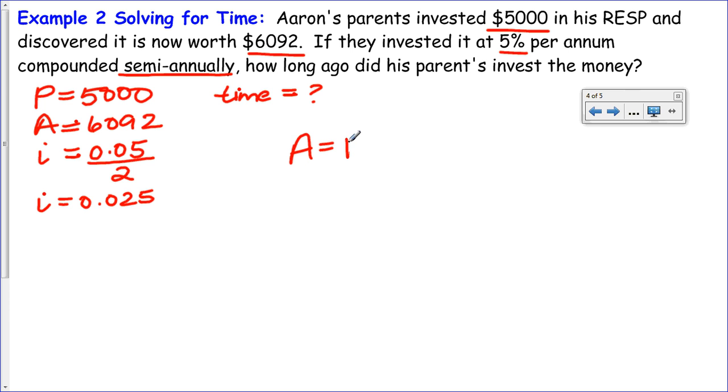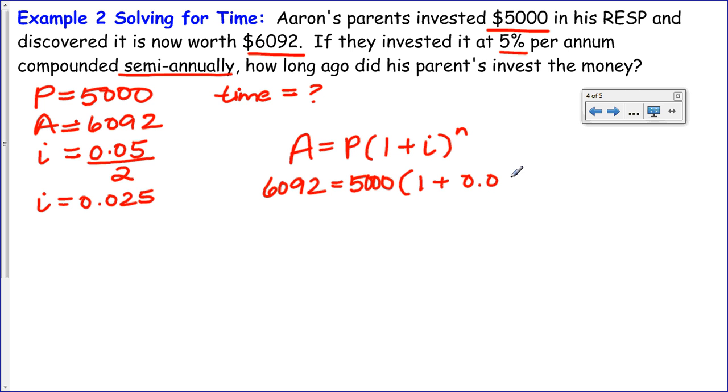Okay, let's take a look at the formula again. A equals P, 1 plus I to the n. Let's fill in everything we know at this point. We know A is 6,092. We know the principal is 5,000. We know I is 0.025. And if we can figure out n, then we'll deal with the fact that it was compounded semi-annually and actually find out what the time is.